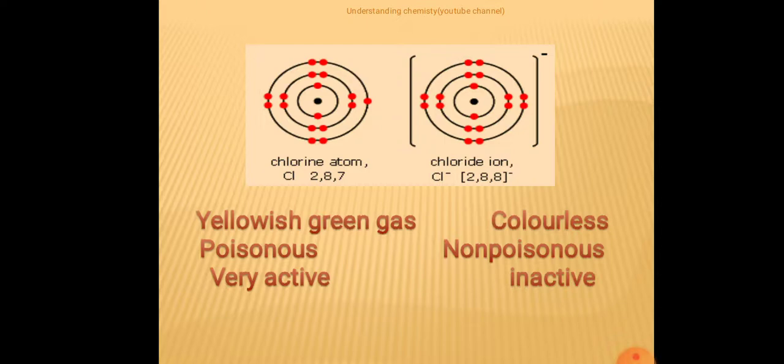Which can exist independently? Now just recollect and say. Chloride anion, because it already has a complete electronic configuration. This will be a 1 mark question for us. So we have to be very careful comparing the properties of chlorine atom and chloride anion. It's very important for us.